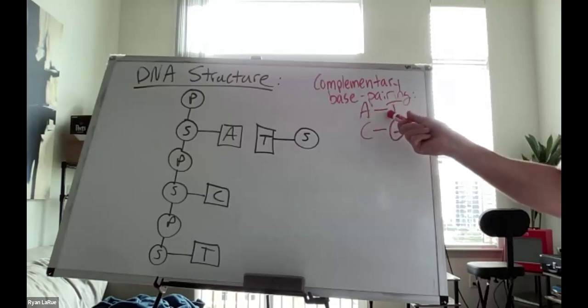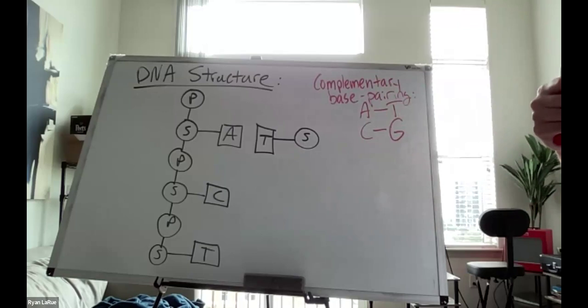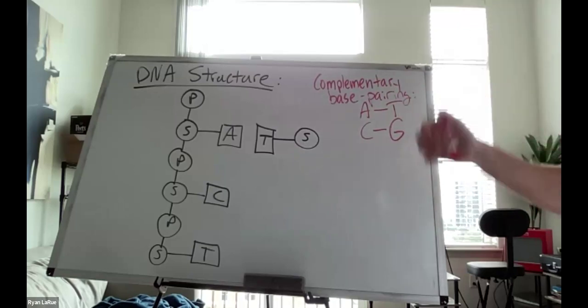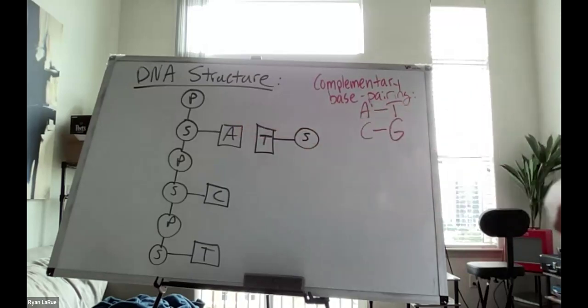Apples are found in trees, cars park in garages. So I thought that was a pretty fun way to remember. But essentially, yeah, so you're going to have an A paired with a T here.